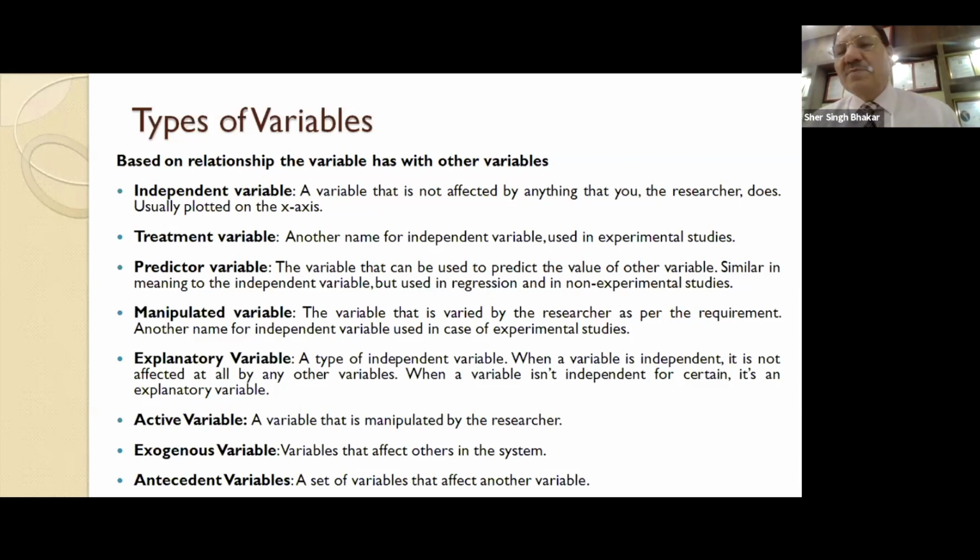That is called a treatment variable. It is also an independent variable, because by varying the independent variable, we will look at its effect on the dependent variable. So this treatment variable is also a type of independent variable, but only in case of an experiment do we use this term. Predictor variable.